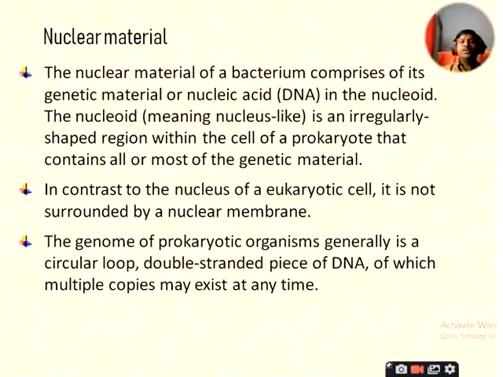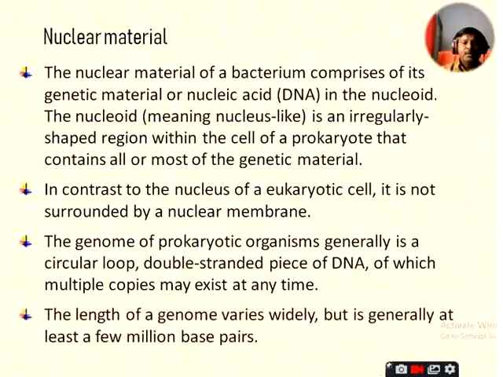So in bacteria also there is a double-stranded piece of DNA of which multiple copies may exist at any time. That means it has self-replicating power. So the length of the genome varies widely but is generally at least a few million base pairs.